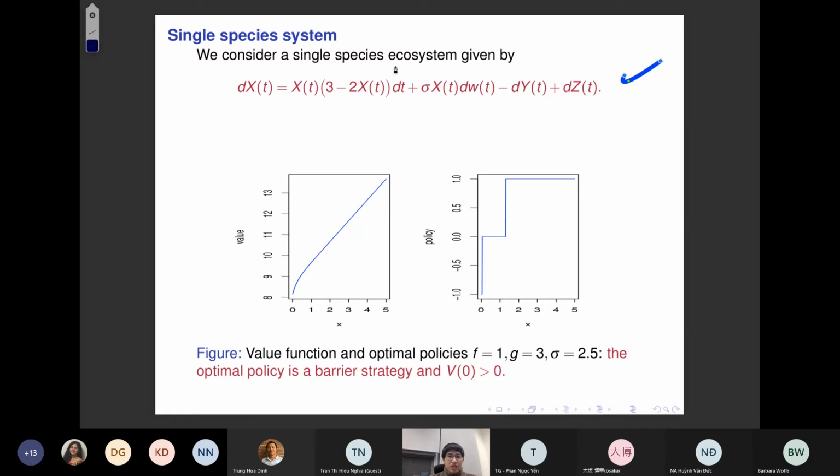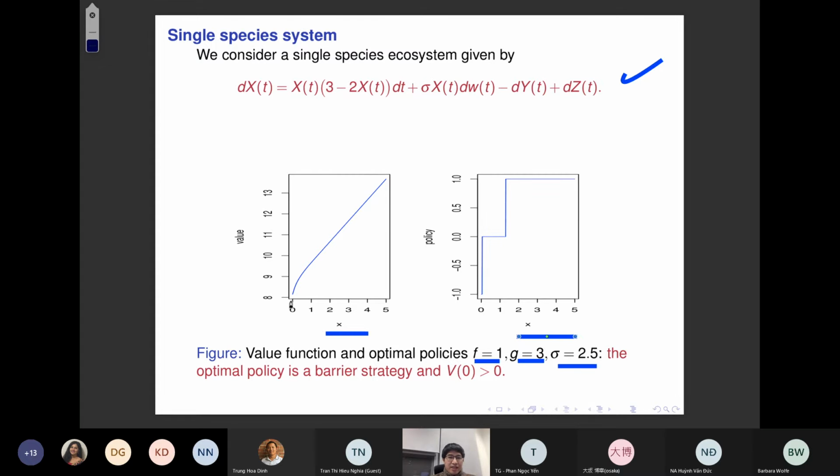This is a single species ecosystem. F is the price when we harvest, G is the cost when we seed, and sigma is the noise intensity. So this gives us the value and also the policy.